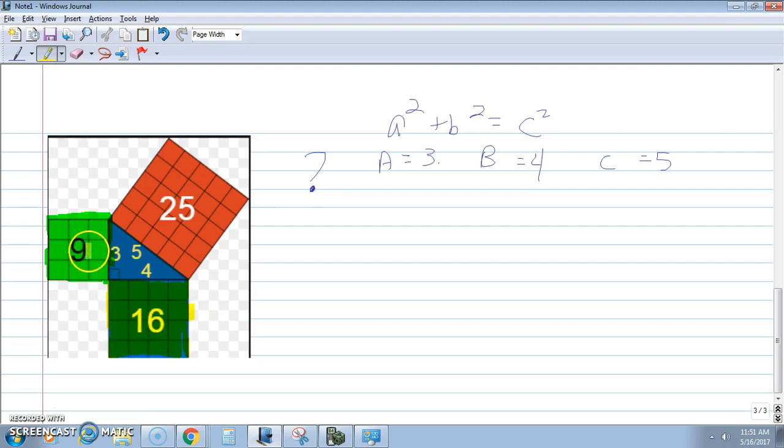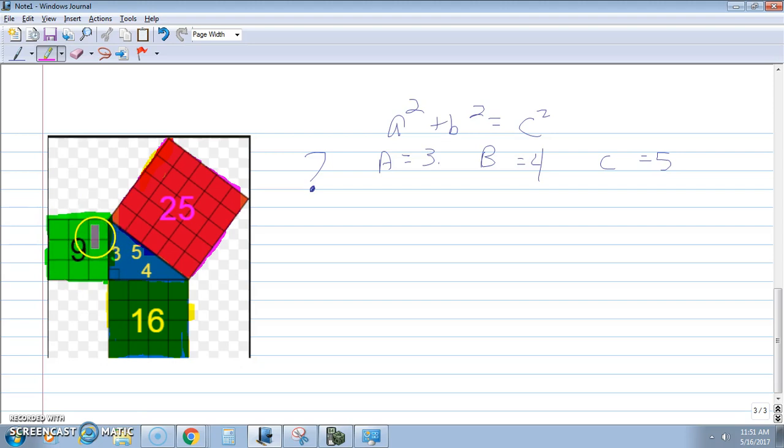Now, when we say if we add them up, we get the square of 5, what we mean is if we add 9 and 16, we get 25. I know that this makes sense to you number-wise, but I want to make sure you understand.